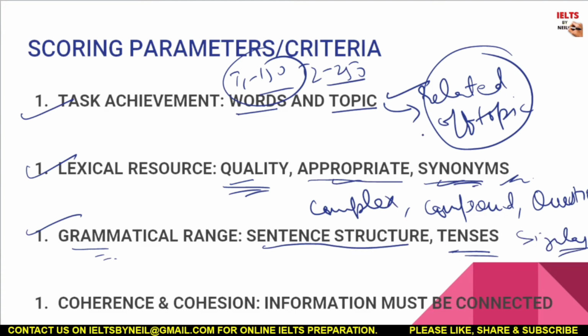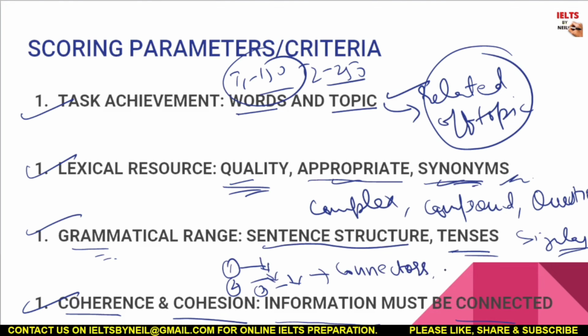Last one is coherence and cohesion. In this one, they check whether the information is connected or not. How do we connect the information? First of all, we should write in steps, like first this happened, then this happened, and then this happened. So it should be a stepwise process. And also we can use connectors.